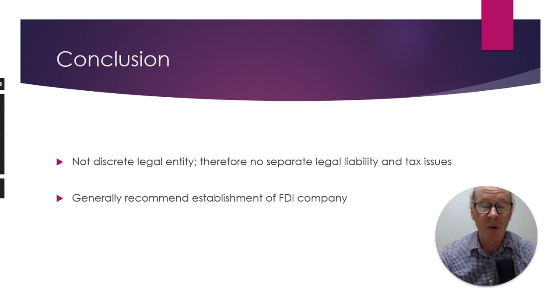You can be fighting between income generated locally and income generated by the head office. So our standard advice is to establish a foreign direct invested subsidiary, because then you avoid those issues. You have a discrete legal entity, and it's discrete also for taxation purposes.